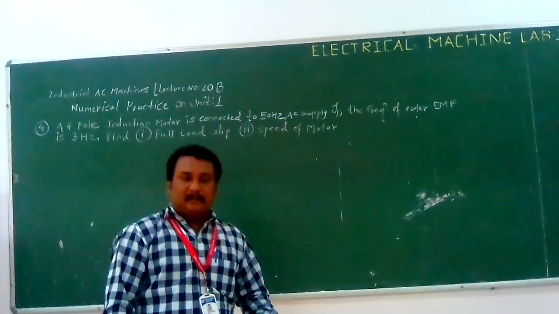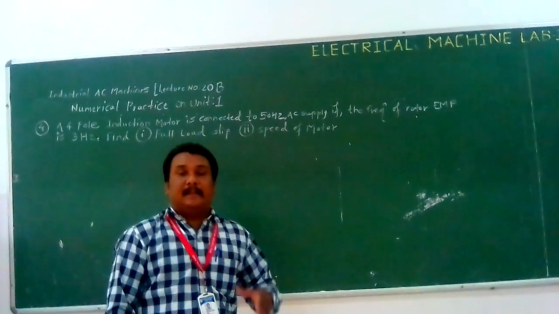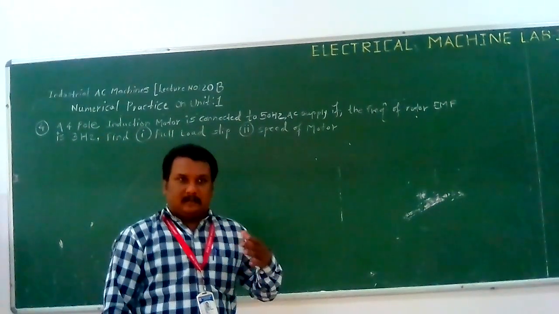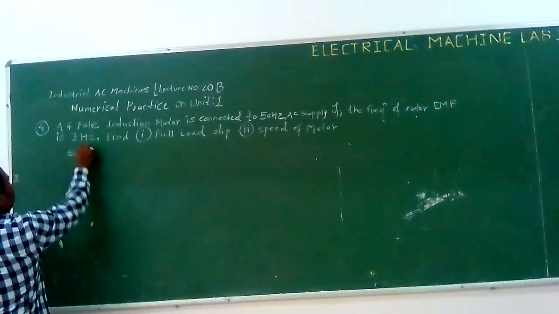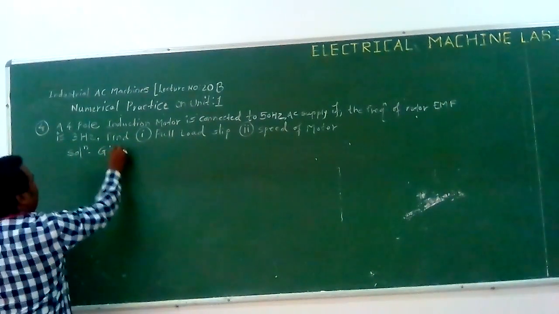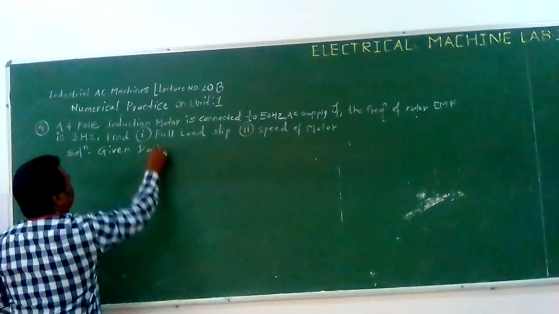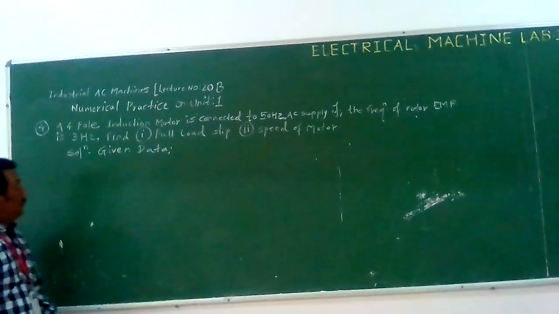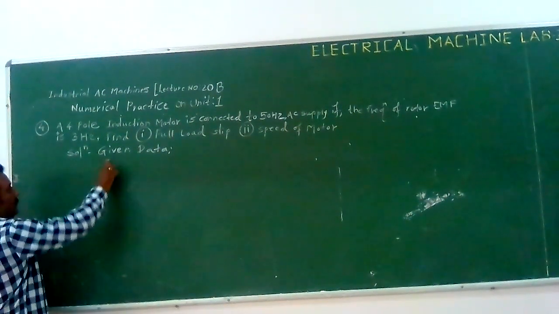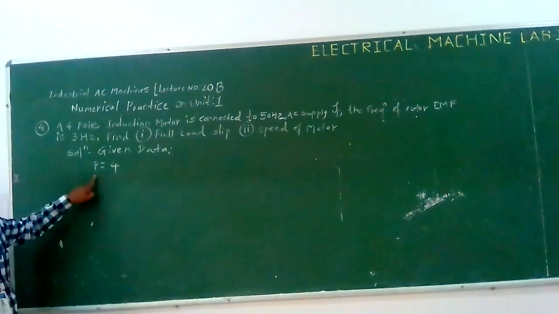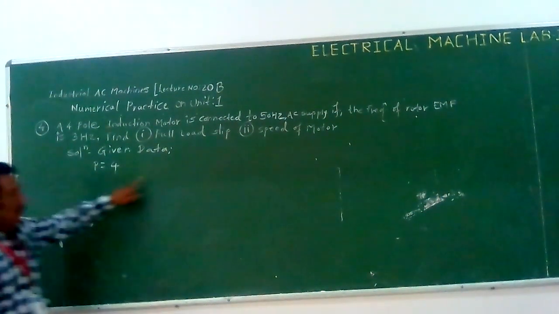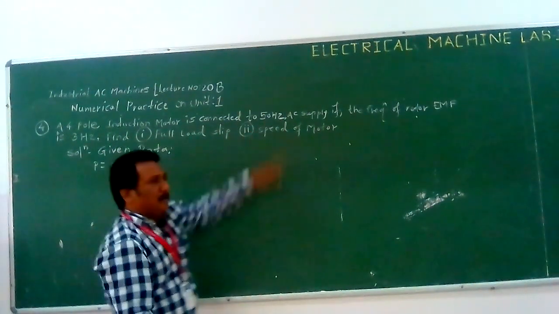To simplify this, first of all write the given data in the numerical. Here the solution is the given data. The number of machine poles is given: 4 poles, P is 4. Then the frequency is given, 50 Hz.